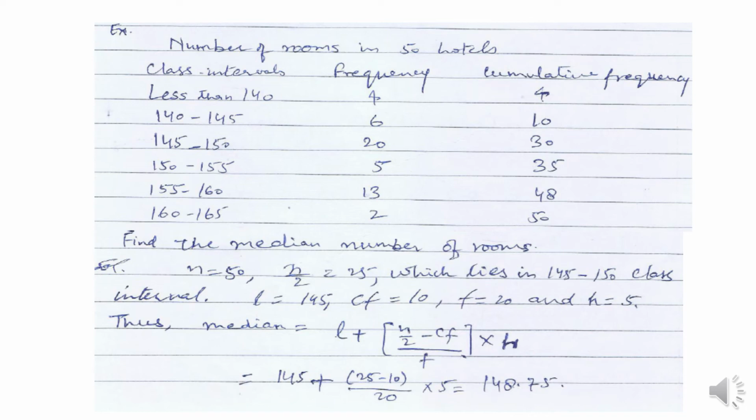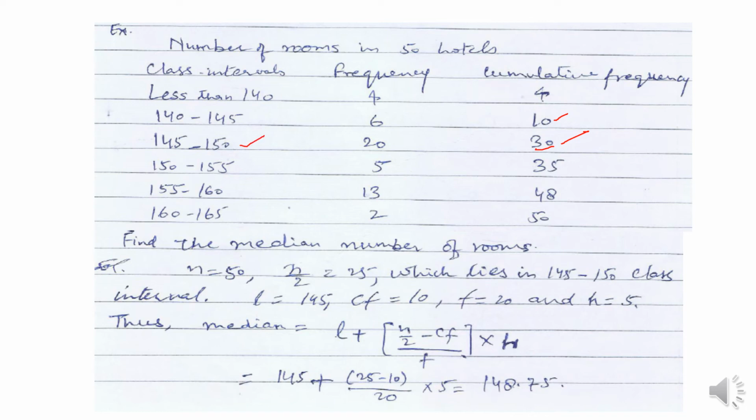N by 2 is 25. So where does 25 lie? It lies in this class. This is lesser than 25, and 25 lies in this cumulative frequency, and corresponding to this the class interval is 145 to 150, this one.